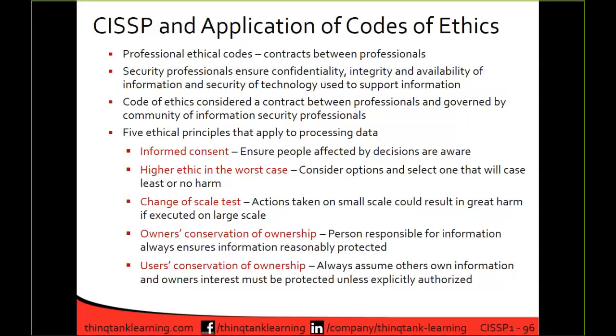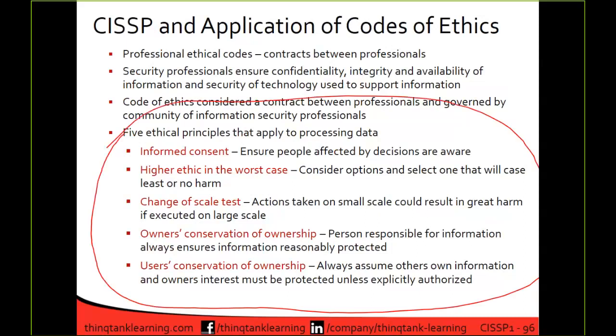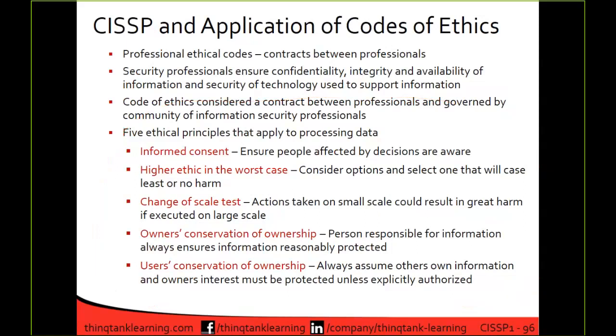There are 5 essential ethical principles, and when you guys are doing your exam, as long as you keep these 5 principles in mind, when you look at your scenario-based questions, a lot of the questions are going to fall under these categories, right? Informed consent, that's pretty easy to understand. Make sure that the people that are affected by the decisions, policy decisions, technology decisions, etc., are aware.